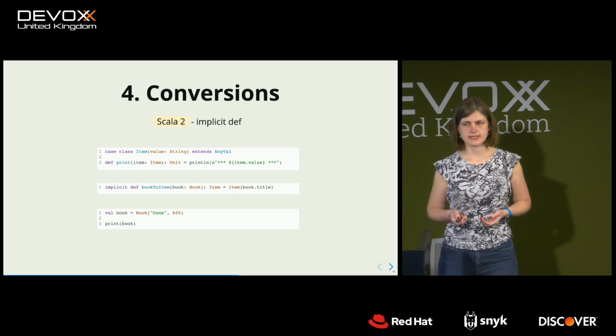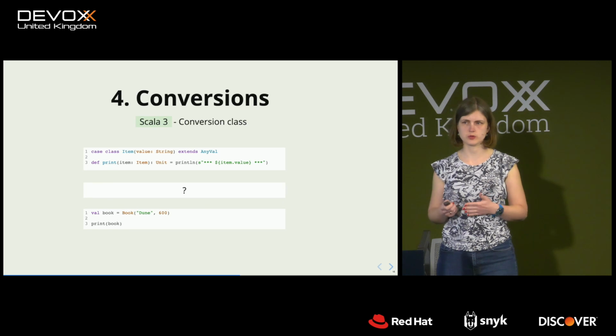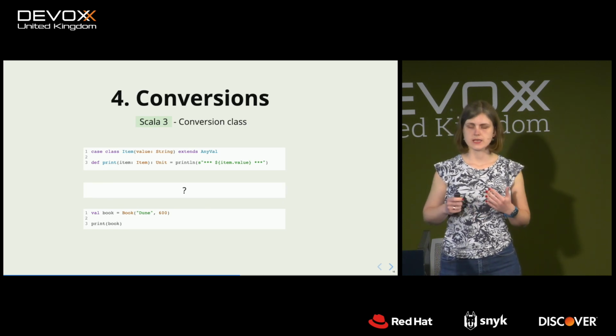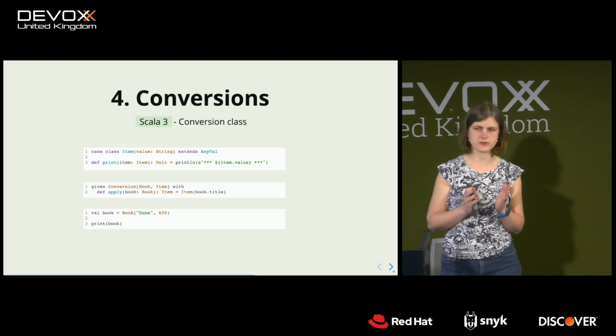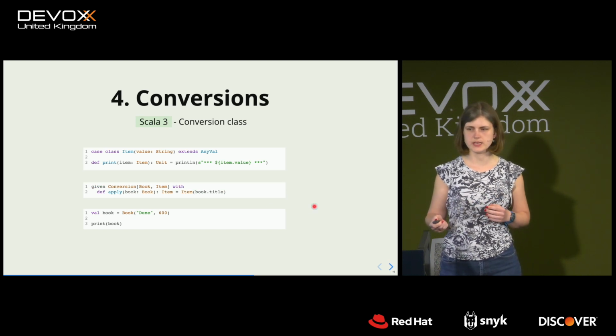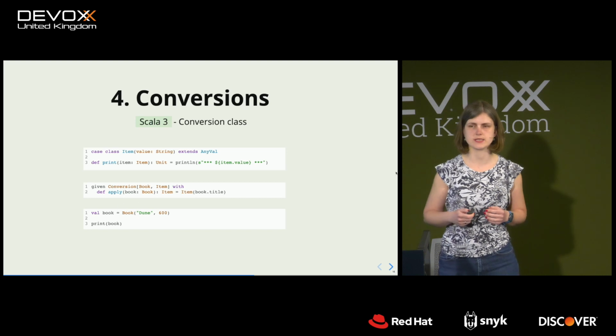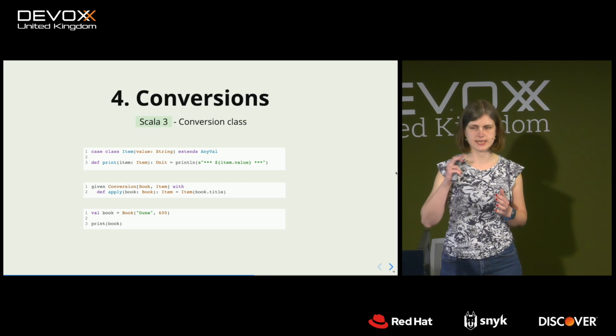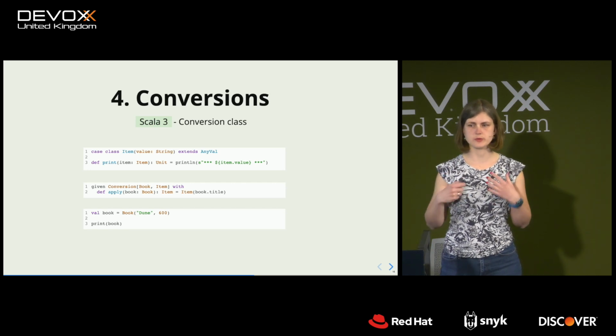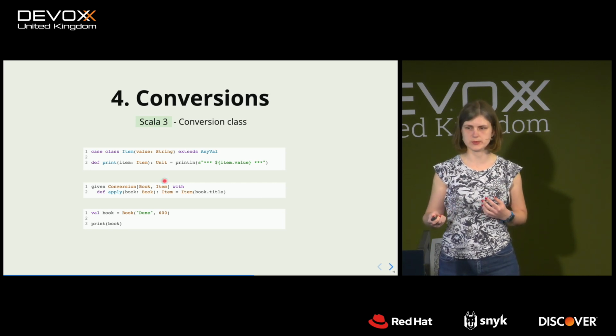Now, what do we get in Scala 3? What we want to achieve is the same thing, but for our conversion, we have the given keyword, but what's more important is this conversion class. This is actually a new class in the Scala standard library, scala.Conversion, that you need to implement. It's parameterized by two types, our source type and target type.